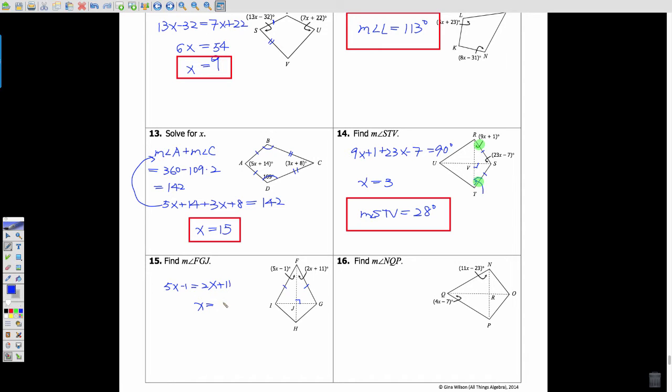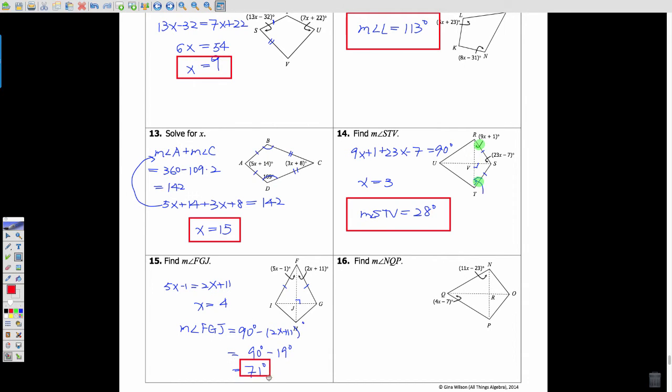My x comes out to be 4, and if you plug it in, your final answer for FGJ is 90 degrees minus 2x plus 11. That should be 90 degrees minus 19 degrees, which gives you 71 degrees.